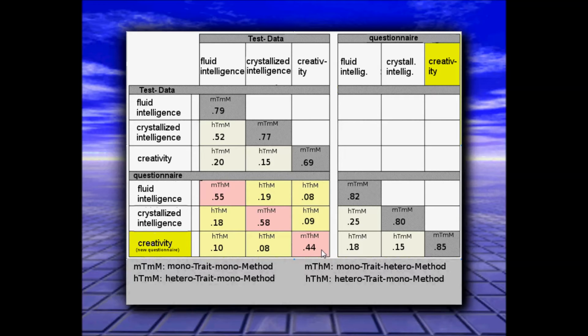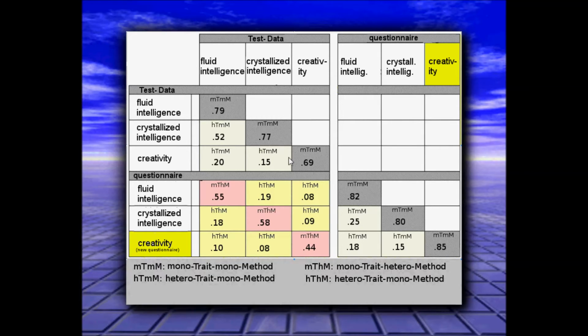And monotrait-heteromethod means nothing else but that you measure one trait, like, for example, creativity, with different methods. And as you can see, these correlations are quite solid.